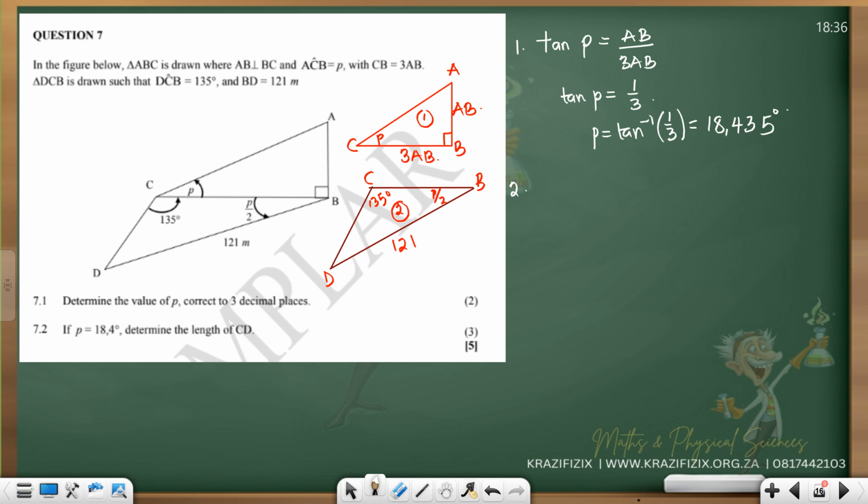Now look at 7.2. If P is 18.4, determine the value of CD. Now, please, my dear learners, the examiner is saying the value of CD. I have no business in triangle 1, no business at all.